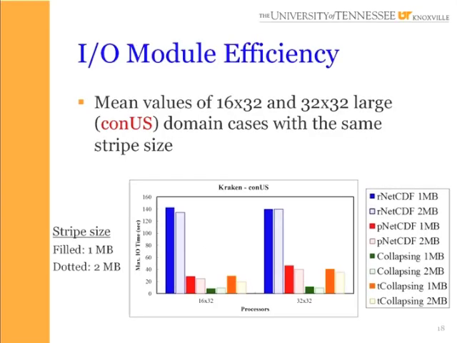So this is the I/O module efficiency chart, where we can see that the collapsing scheme is really helping out a lot. The reason we found is that in general, when they chop up the domain, they chop it up column-wise. So with the collapsing scheme, if we do a 32 by 32, we only collapse to 32 processors in the column-wise.